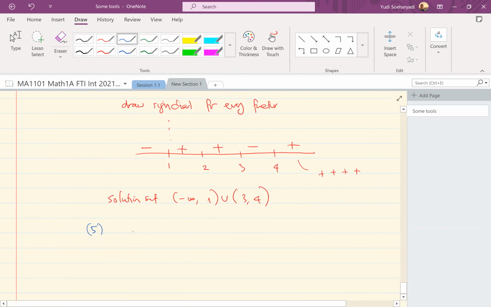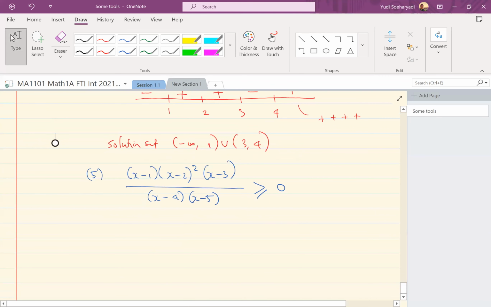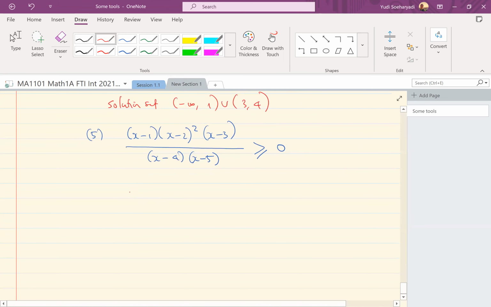All right, so let's do something. For example, this one. All right, so let's use the sign chart, right? Now, this is the easy thing about the sign chart, the nice, convenient thing. The thing is 0 when the numerator factors are 0.